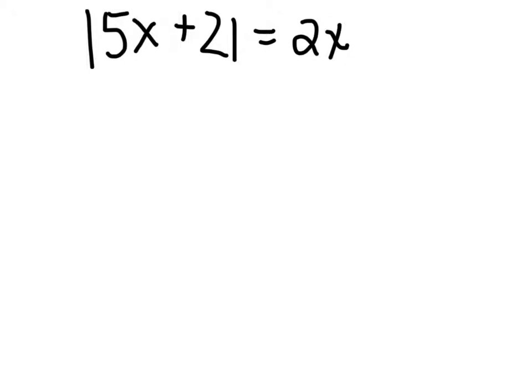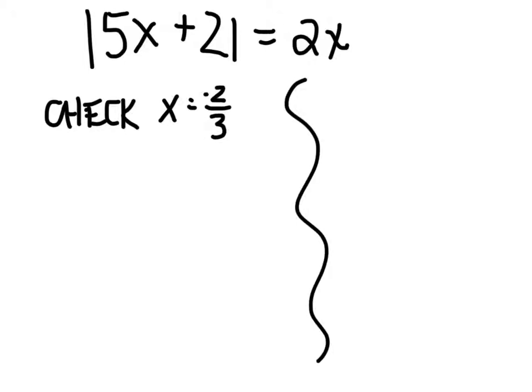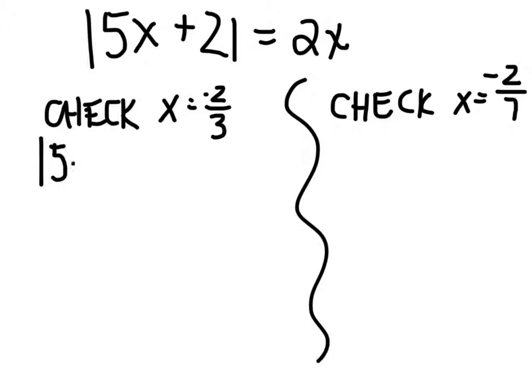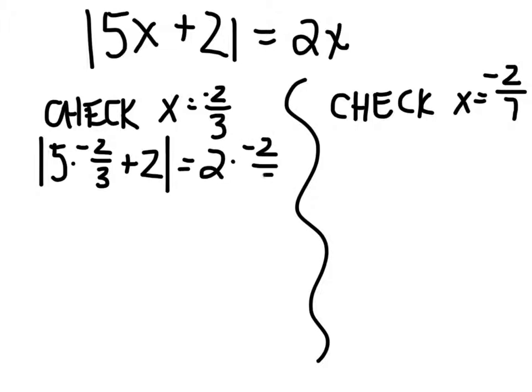I'm going to check x equals negative 2/3, and I'm also going to check x equals negative 2/7. So when I plug in negative 2/3, I get the absolute value of 5 times negative 2/3 plus 2 is equal to 2 times negative 2/3.